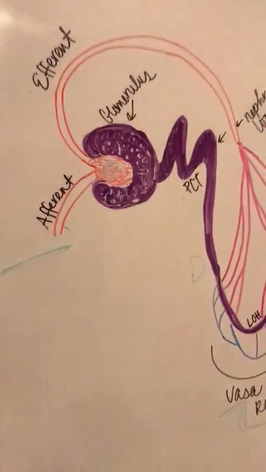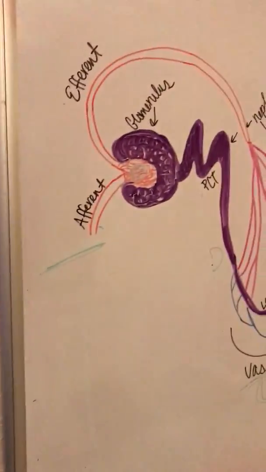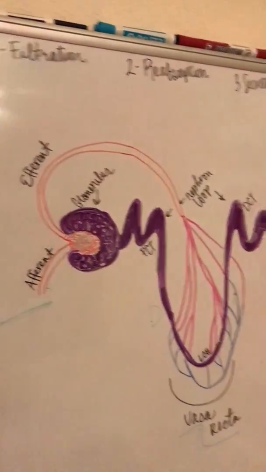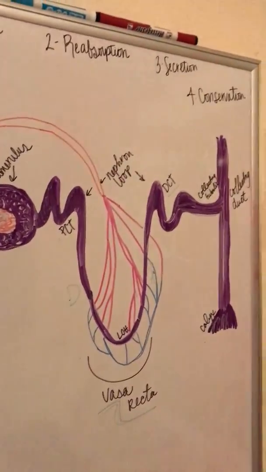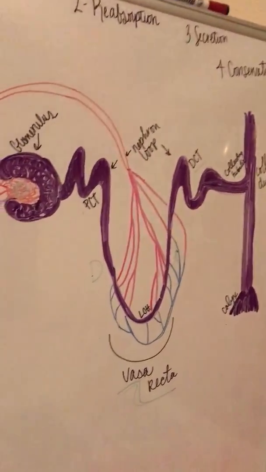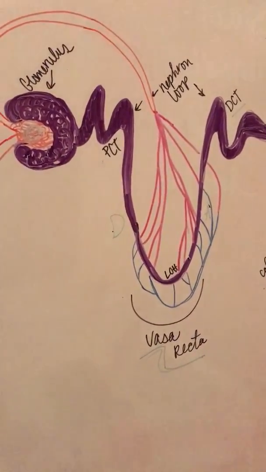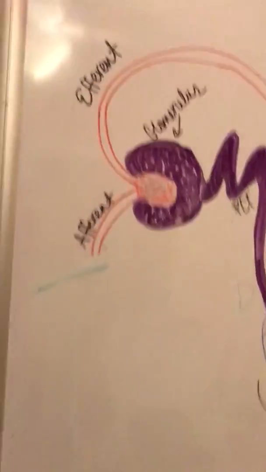So urine formation goes through 4 steps: filtration, reabsorption, secretion, and then conservation. So filtration happens in the glomerulus, so right here.